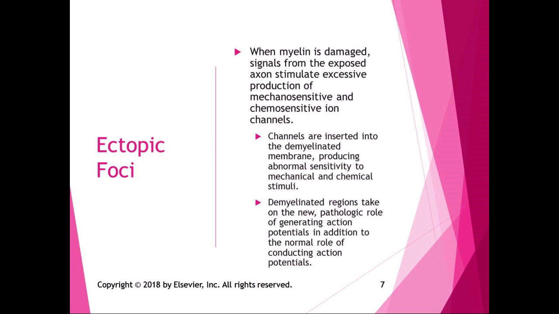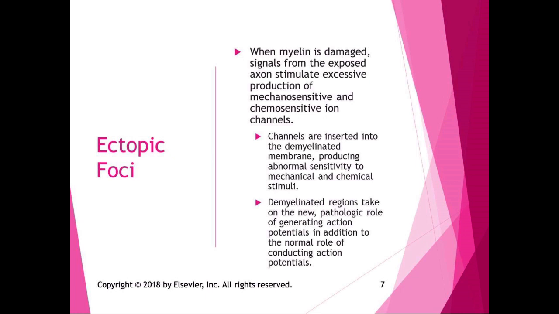So our ion channels in our neurons respond to what's going on in our body. So say that you are having an immune response because you were exposed to a flu virus. You might feel achy. Your nerves are being stimulated because the immune system is putting more immune responsive channels into your nerves. So when we have the myelin damage, there are more ion channels that are producing abnormal sensitivity to mechanical and chemical stimuli.